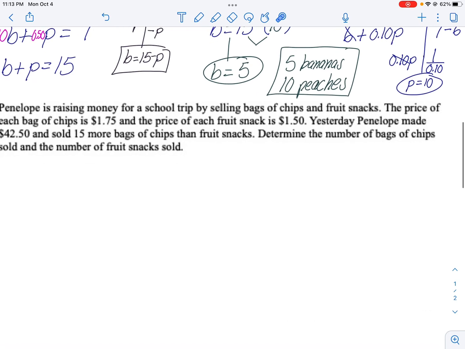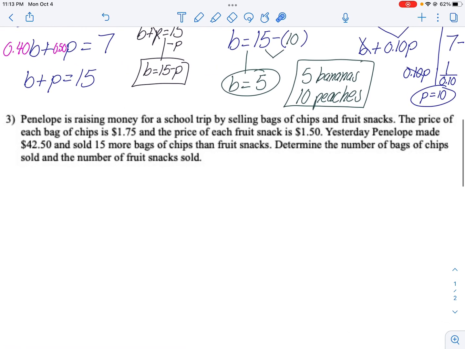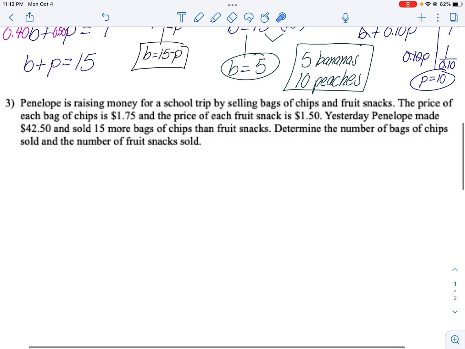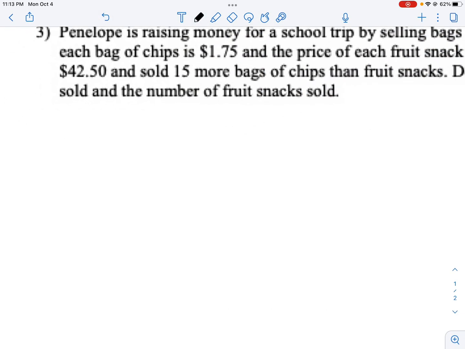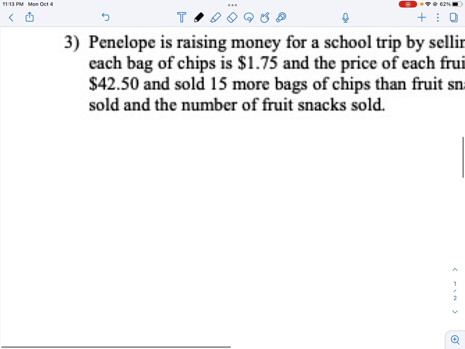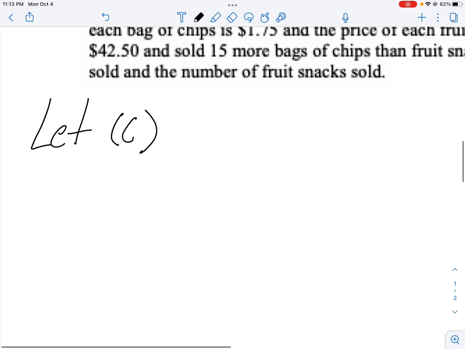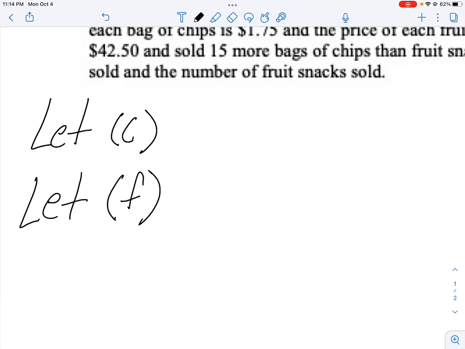All right, finally, let's do one more example here. This one says, Penelope is raising money for a school trip by selling bags of chips and fruit snacks. So I'm going to let C be for chips and let F be for fruit snacks, right?